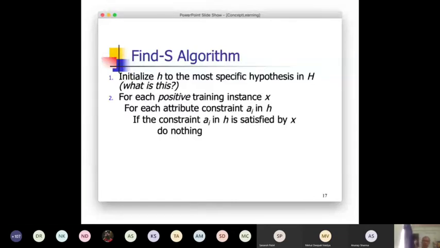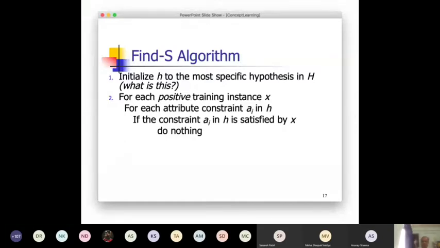Now, if it is not satisfied, then you should include the attribute value in the hypothesis if it was null. Otherwise, if there was some other value, you simply generalize it to that question mark. That means any value. So there are three conditions: either it could be null, or a single attribute value, or any value.